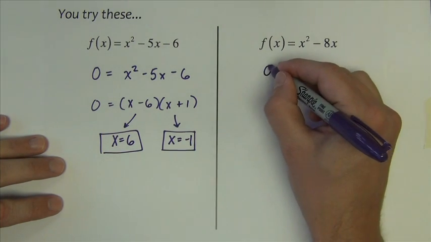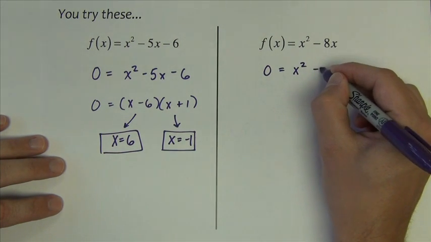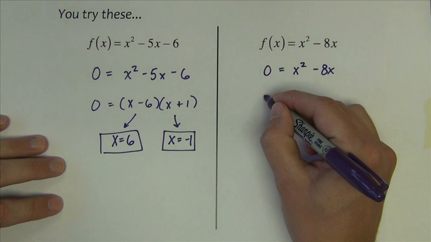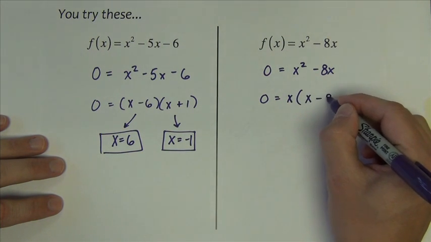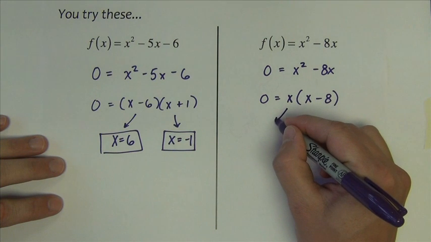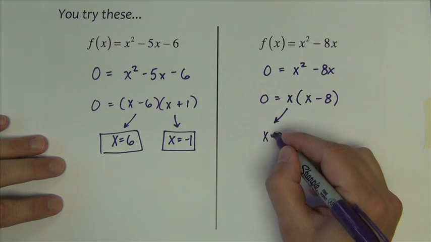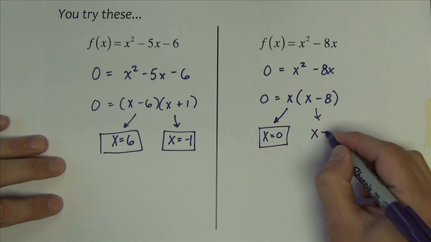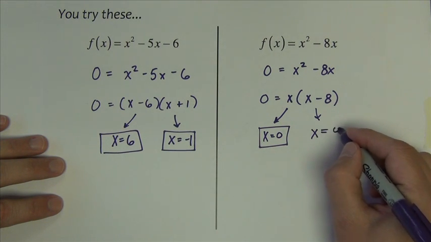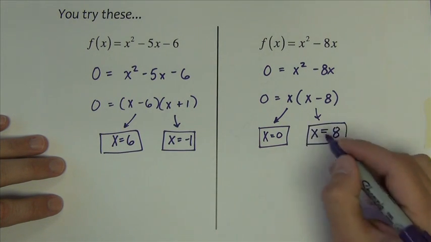On the other one, set equal to 0. Take out a common factor of x. Set each of these factors equal to 0. X equals 0, that's solved for. This one, x minus 8 equals 0, becomes x equals 8.